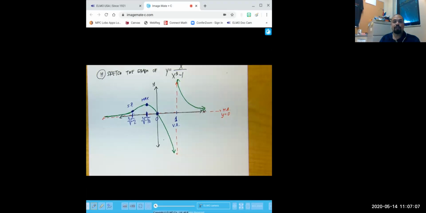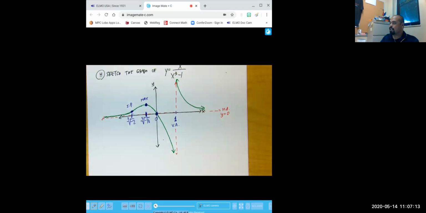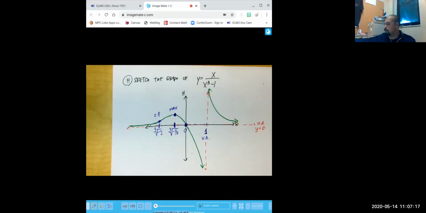Now with our first derivative, second derivative, we're able to locate that maximum, that inflection point, see those particular locations, though they are these weird cubic values, cube root of -1/2, cube root of -2, at least we can definitely identify them. Okay? All right.